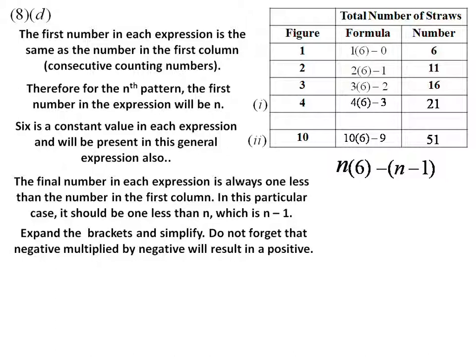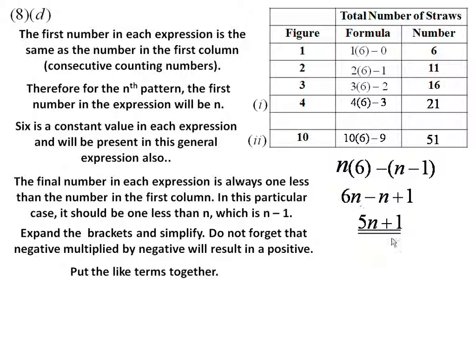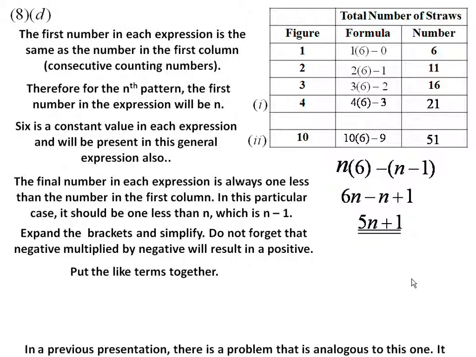Do not forget that the negative multiplied by negative will result in a positive. So negative multiplied by this negative 1 is going to be a positive. And what do we have? 6n minus n plus 1. 6n minus n is 5n. Put the like terms together, we have 5n plus 1, and that is what we discussed on the previous slide.